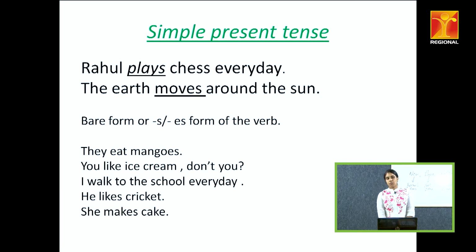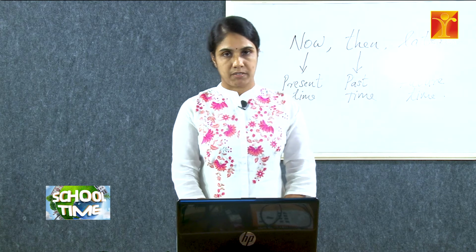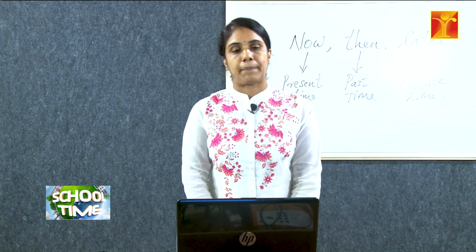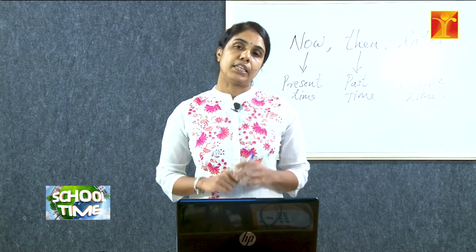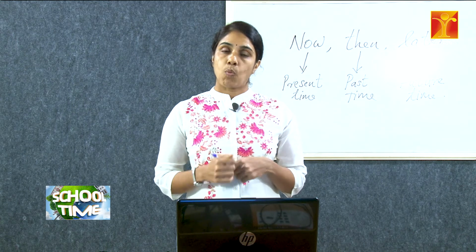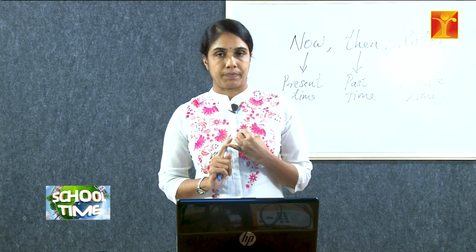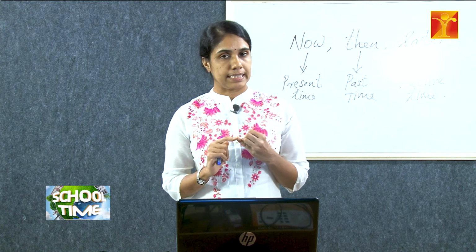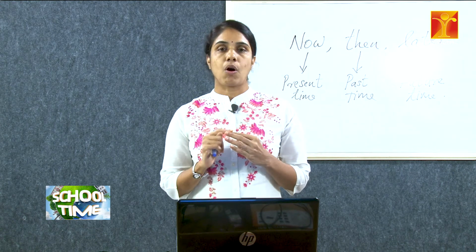So, where are we using the bare form and where are we using the S or ES form? Shall we find out? Okay. We use the bare or plain infinitive of the verb when the subject of the sentence is plural, or the subject of the sentence is I, we, you or they.